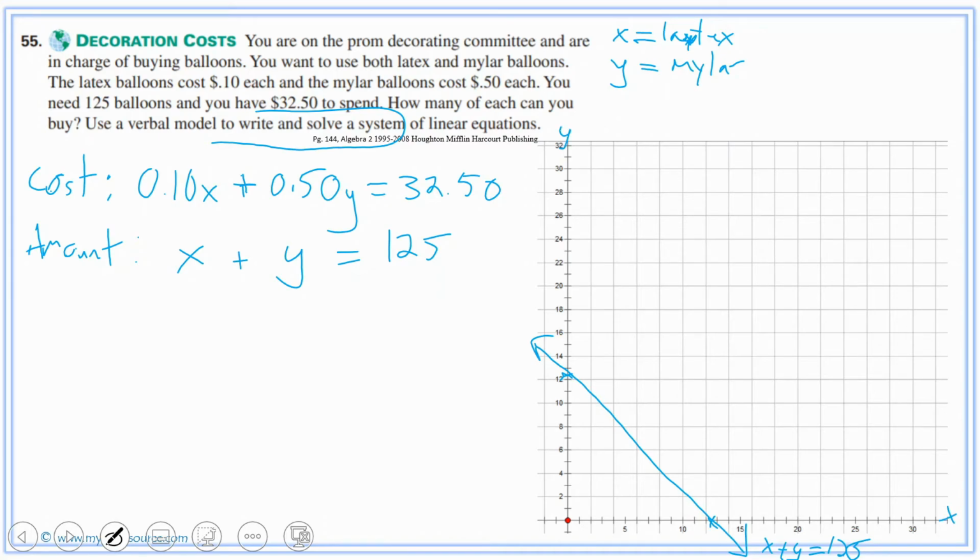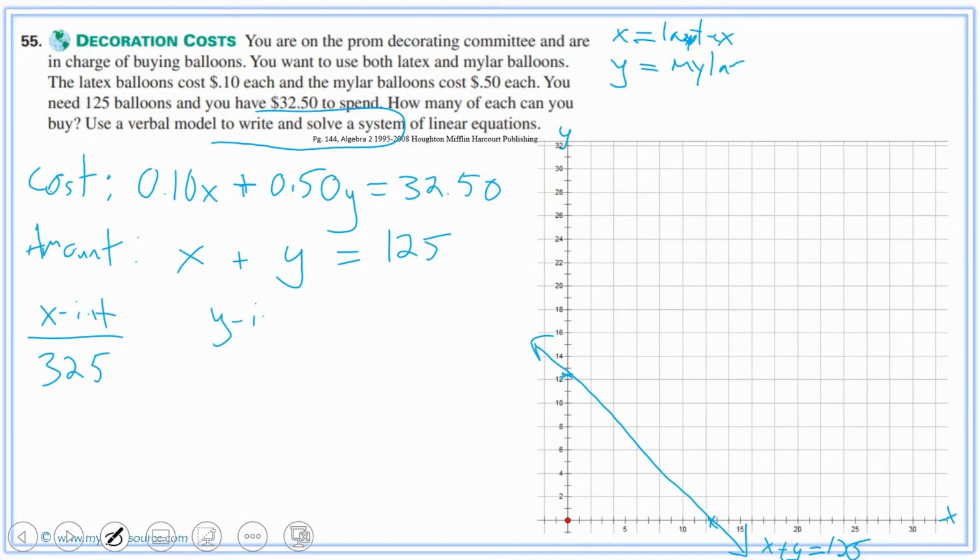All right, and then we need to draw the other one, and we can use x and y intercepts again. If we do the x-intercept, or you could do slope-intercept form, I'm wondering which one would be better for this scenario. They look like they should get whole numbers. So 3250 divided by 0.10 actually goes up higher. It's like multiplying by 10. So that's going to be 325 for the x-intercept.